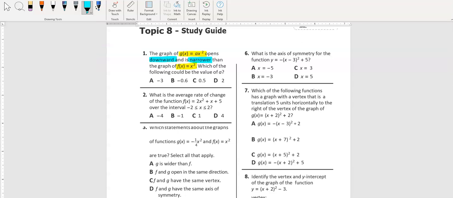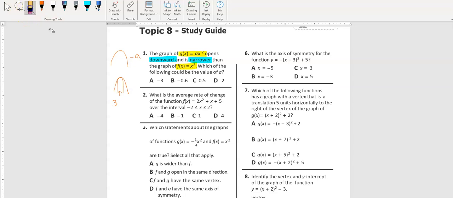Because it tells us that the graph of g of x is opening downward and is narrower than the parent function, we know that downward facing graphs have a negative a, and graphs that are more narrow than our parent function have a larger a.